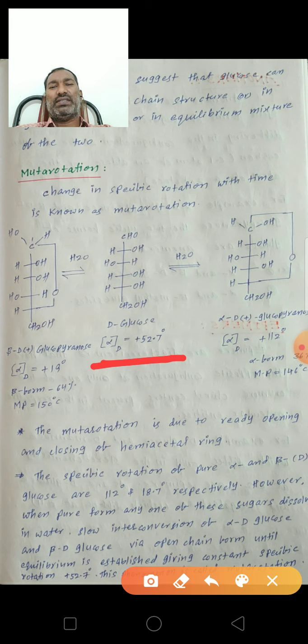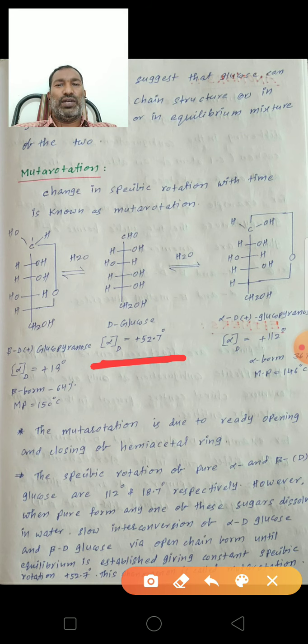So glucose exists in the open chain structure as well as the alpha D glucopyranose structure and the beta D glucopyranose structure. The specific rotation gradually increases to plus 112 degrees, decreases to plus 19 degrees, and will be in equilibrium at plus 52.7 degrees. The alpha form is 34% and the beta form is 64%.